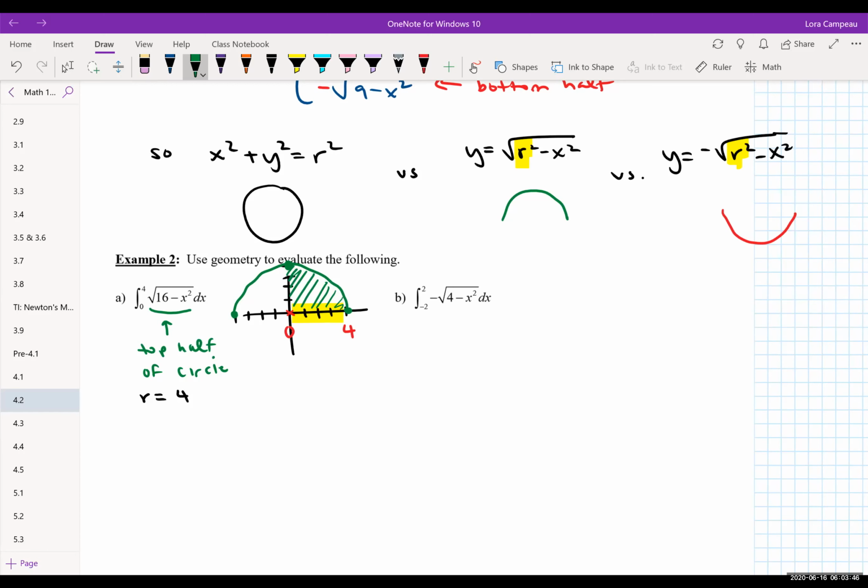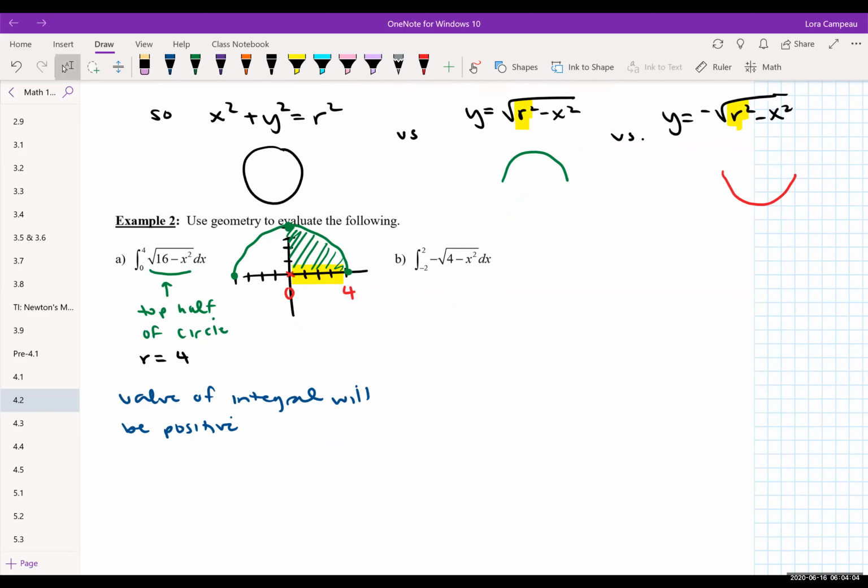So just to summarize, just to make sure, the value of our integral is for sure going to be positive because the region you are referring to is above the x-axis.